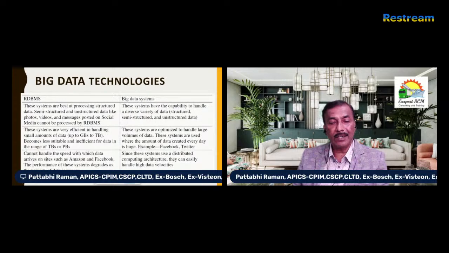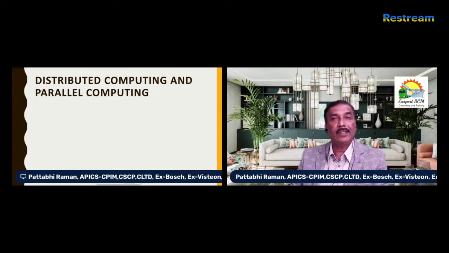And for handling big data, you cannot do it in your own system or a laptop. The system must have the capability to handle a wide variety of data, whether structured, semi-structured, or unstructured. And these systems are optimized to handle large volumes of data since they use distributed computing. Whatever data is required for supply chain analytics is in your own system, your own software.